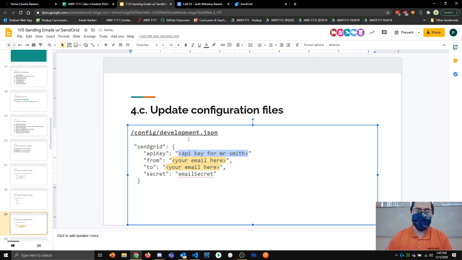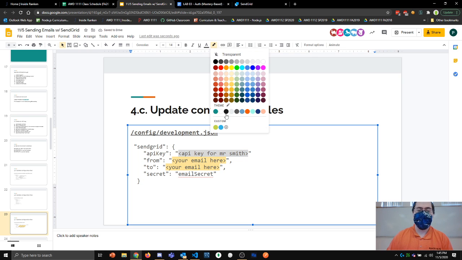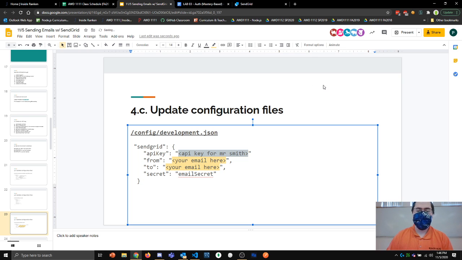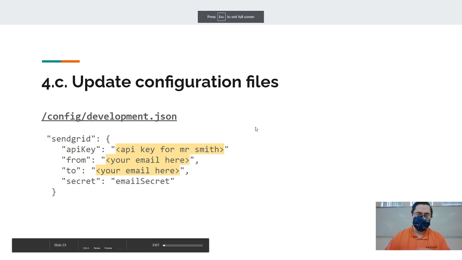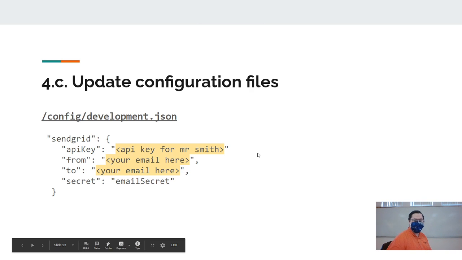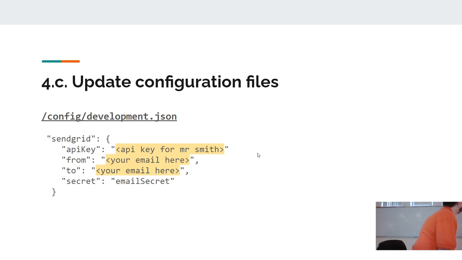So put in the key that I asked you to create for me yesterday. If you don't have that value yet, just go ahead and put something placeholder in there for now.